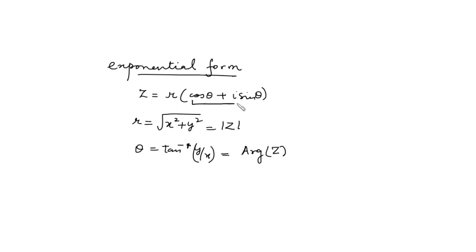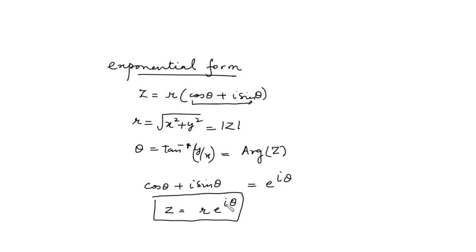Then we can write cos θ plus iota sin θ as e to the power iθ. So z can be written as r into e to the power iθ. This is the exponential form of a complex number, where r is the mod of z and θ is the principal argument of z.